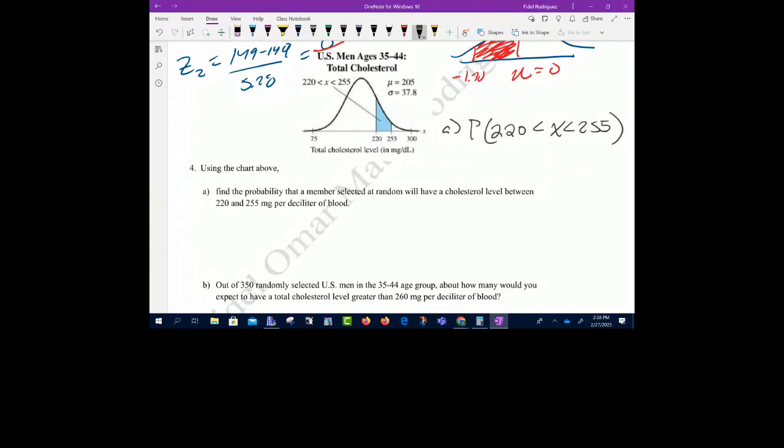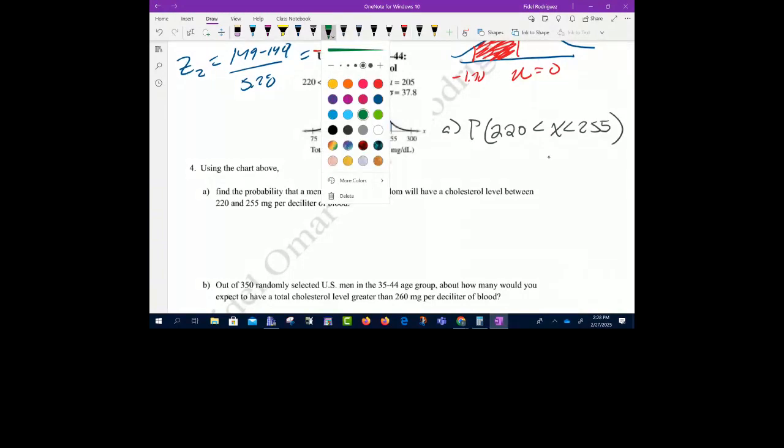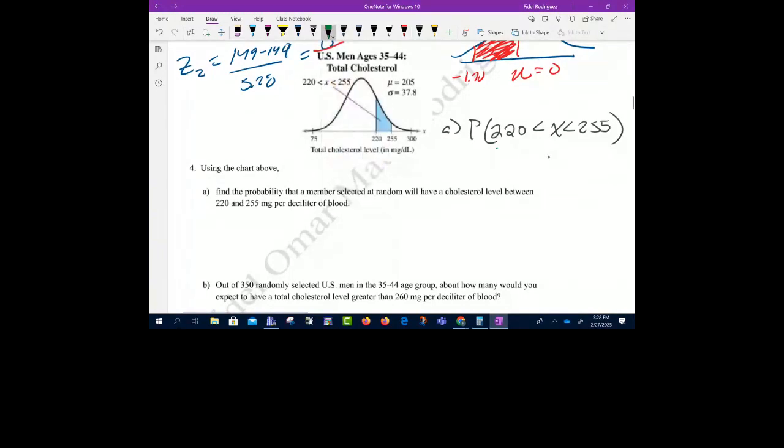Y'all, I'm going to do this problem very similarly to the way we did the one before, okay? So my first step, I'm going to call this my X1. I'm going to call this my X2. We already have our average and our standard deviation, okay? So remember, my formula says we're going to take X minus mu divided by sigma, right? So the first thing we're going to do is find our 2 z-scores. So I'm going to call it Z1, okay?